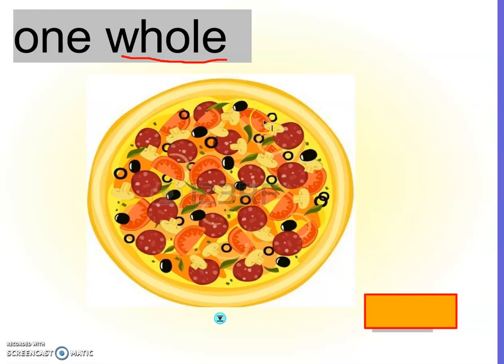Now let me cut this pizza into 2 equal pieces. For you, can you draw a circle on your whiteboard and cut the pizza into half and share it with mommy? Let me cut my pizza into half.